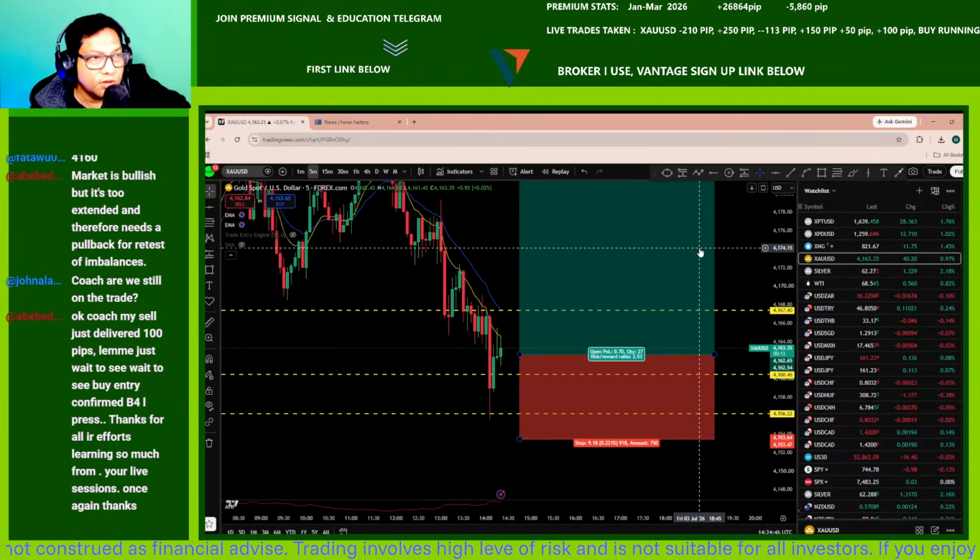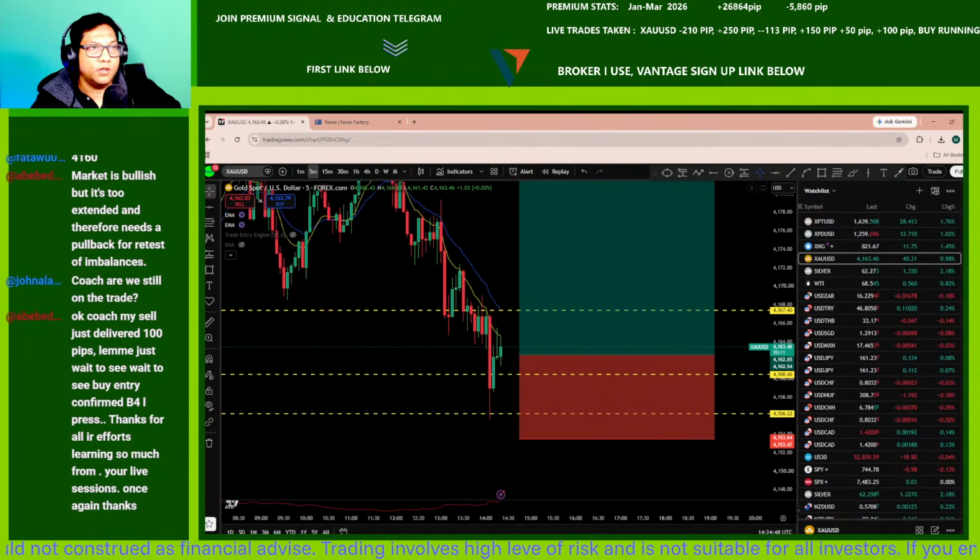So you might see a reversal. How many of you think it's going to be a reversal here? This might be seeing that reversal here.